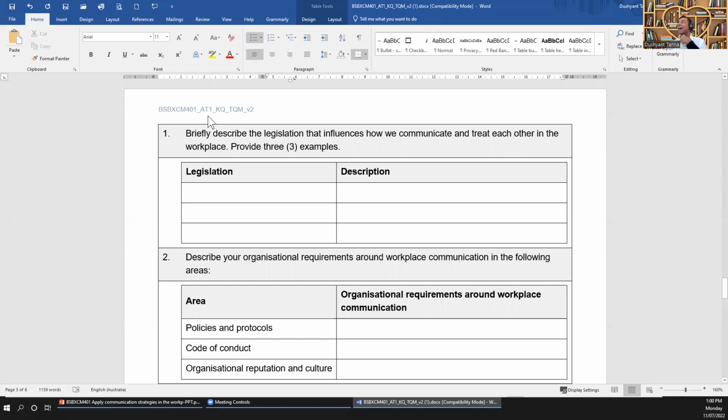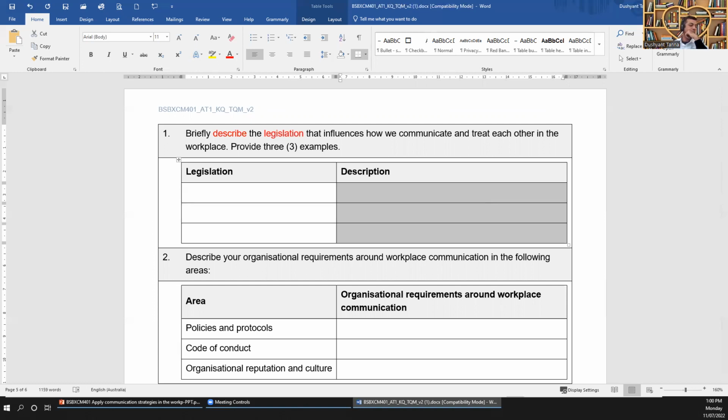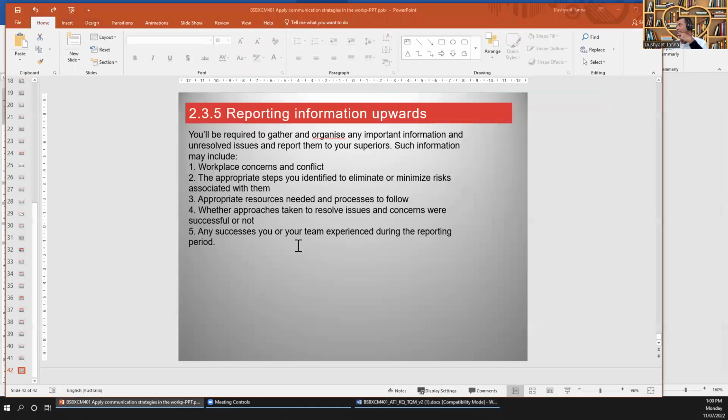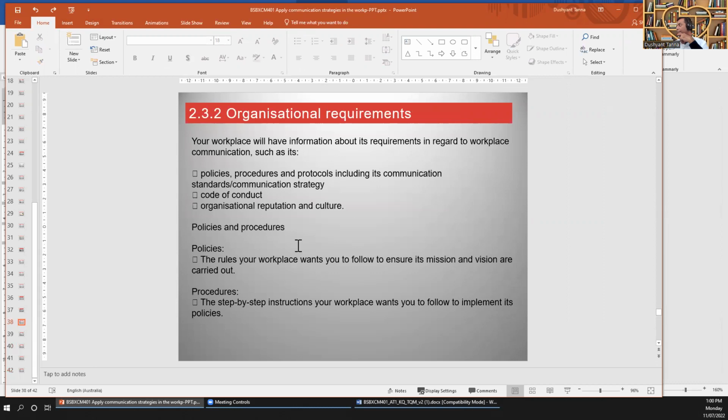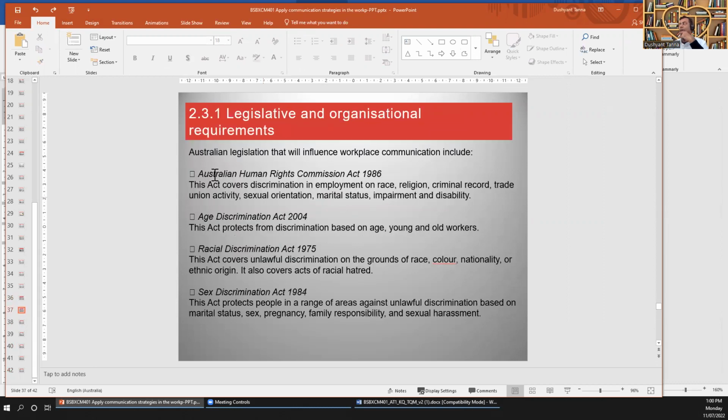Briefly describe the legislation, the law that influences how we communicate and treat each other in the workplace. Provide 3 examples, so 1, 2, and 3, and their description. If you go over to the slides, there are the Human Rights Commission, age discrimination, racial discrimination, sex discrimination.